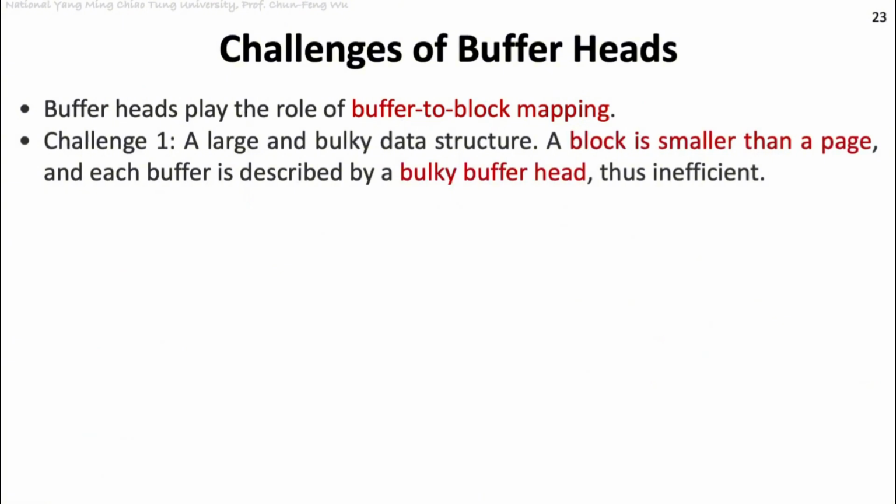A block is smaller than a page, and each buffer is described by a buffer head. So if we are going to access eight continuous blocks in one page, we need eight buffer heads to describe these eight blocks. Even though they are all continuous, we still need to access the buffer heads eight times.